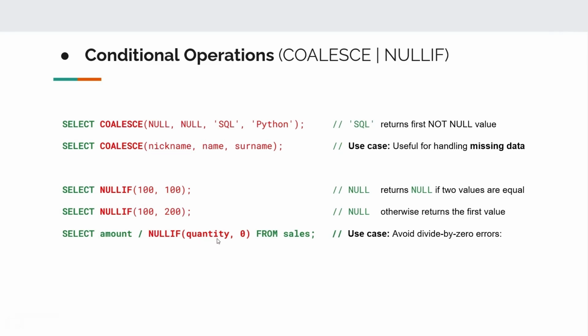If quantity is 0, we will get divide by 0 error. To avoid this error, we can use NULLIF. If quantity is not 0, this function will return quantity itself back. But if it's 0, it will return null back. So that way you can avoid divide by 0 error.